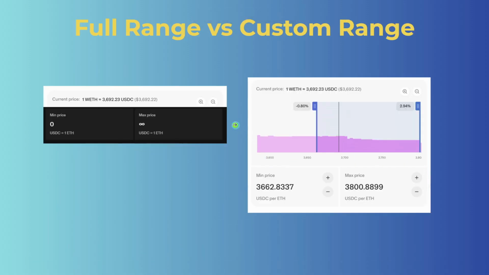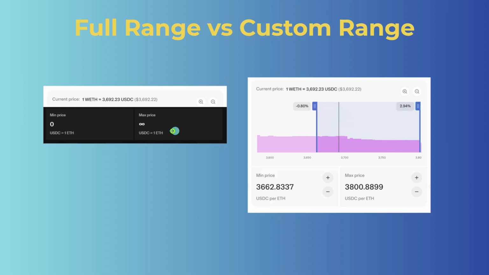Let's talk about the difference between full range and custom range. If we are selecting full range on V3, let's say that the price of Ethereum is $3,600. The full range is like Uniswap V2, so it is from zero, the minimum price, to the maximum price, which is infinite.